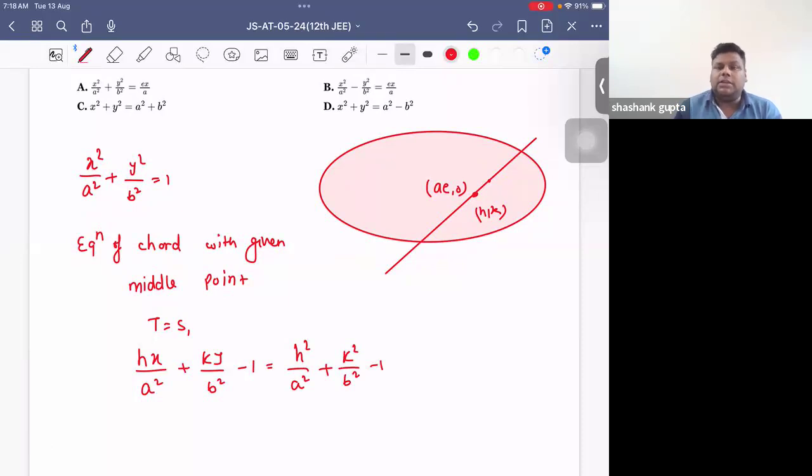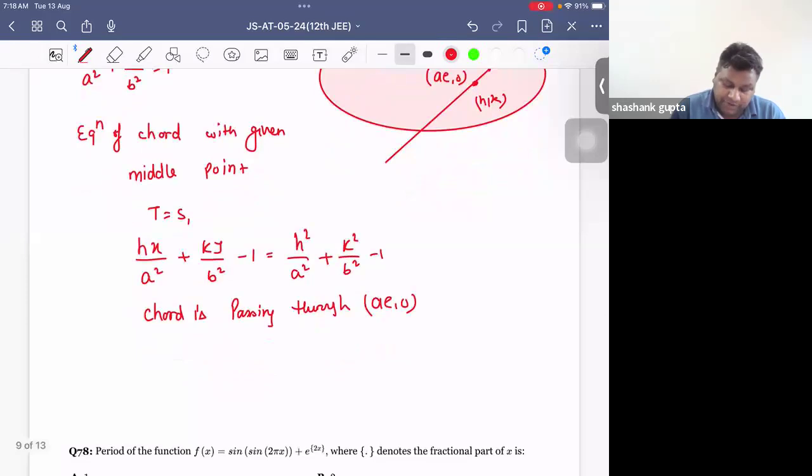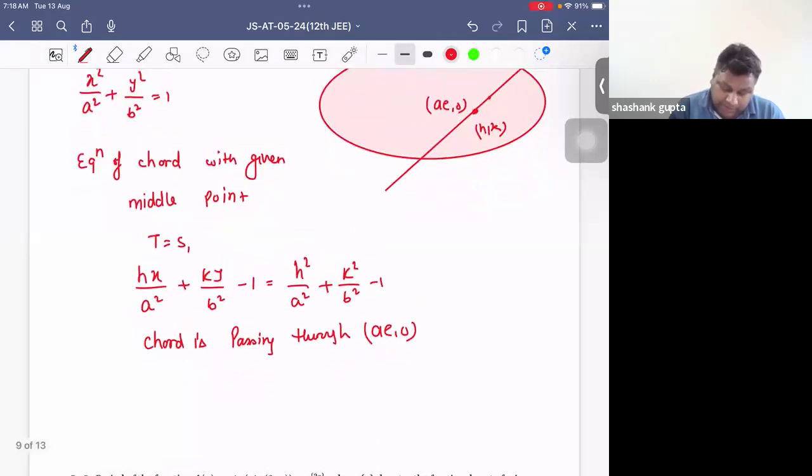Now, the last thing that you have to do: the chord is passing through AE comma 0. So make it pass through AE comma 0. So it will become hE upon a equals h square by a square plus k square upon b square. That's it.